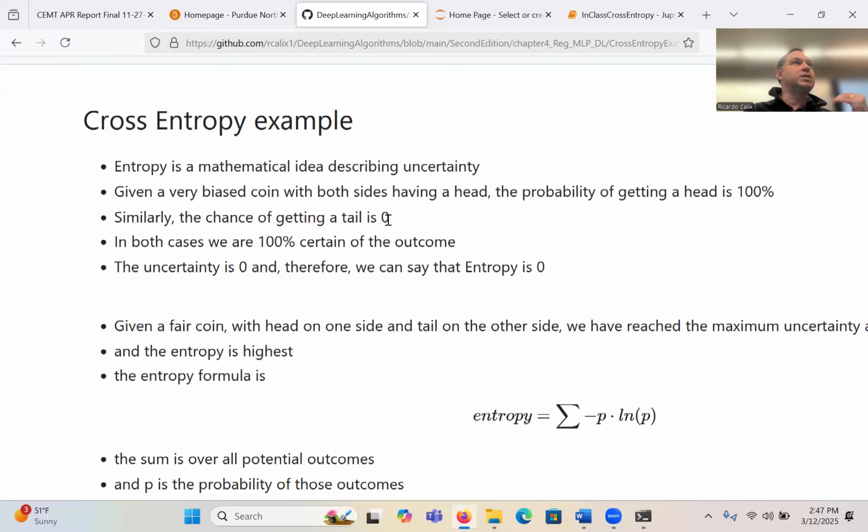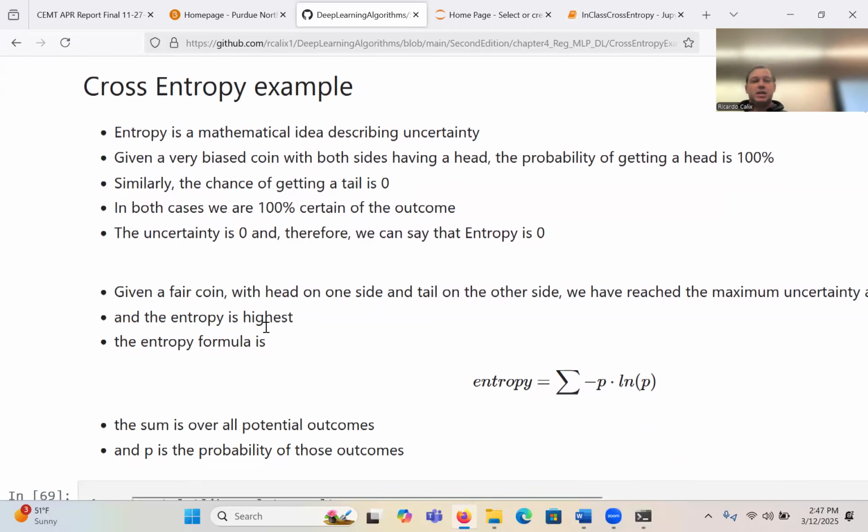What we're trying to measure is the uncertainty of the outcome, right? So similarly, in both cases, we are 100% certain of the outcome. It's going to be heads. Got it? So that's essentially what this problem is about. The uncertainty is 0, and therefore we can say that entropy is 0.